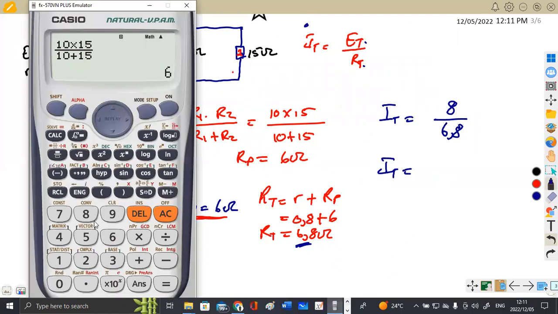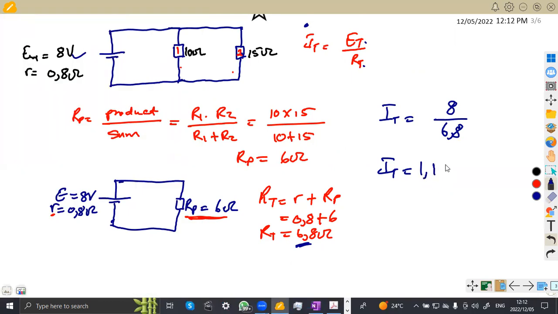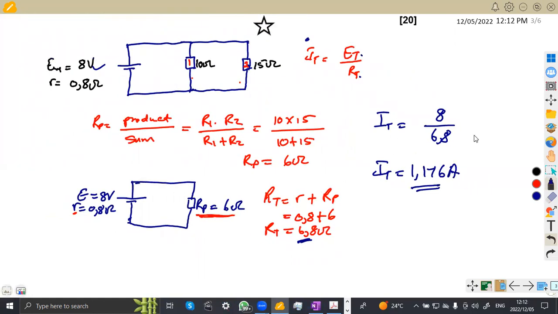So let's see what we have from our calculator. 8 divided by 6.8 is 1.764, which is just 1.76. So 1.176 amps. This is current. Current is measured in amps. All right. So that was the question, 5 marks.